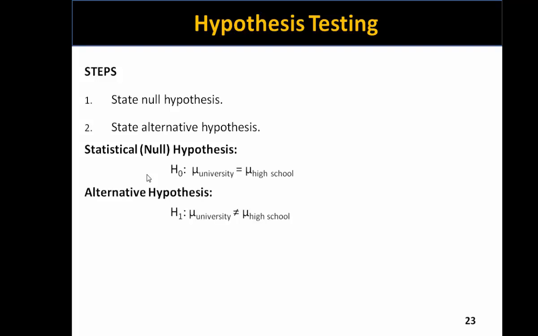Alternatively, the next step is to state that they will be significantly different, or they will not be equal. Recall that the question asked for a difference and not whether one group was greater or less than the other group. And so without that directionality stated in the question, then we just go with the not equal sign.